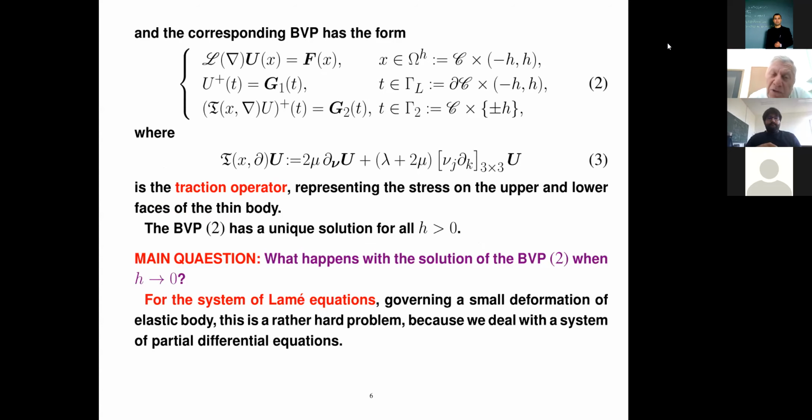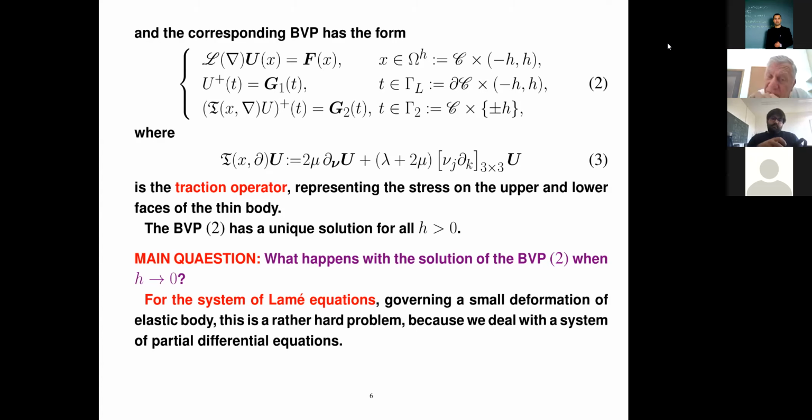Okay, and the boundary value problem, which we have in this case, is that the Lamé equation in the domain is equal to f. Then you have boundary conditions on the upper and lower surfaces, and on the lateral surface.